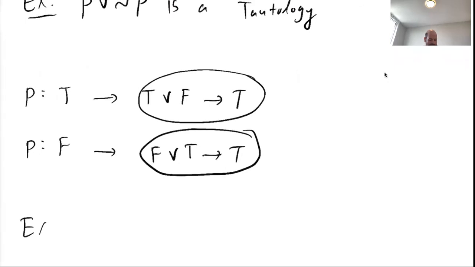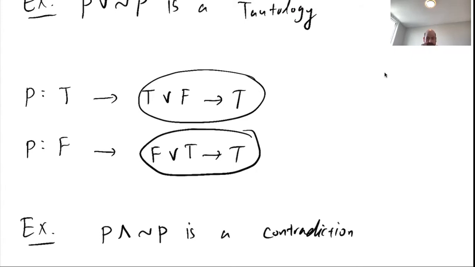And what about an example of a contradiction? Let's say P conjunction negation P is a contradiction. Because again, you can think about it's raining and it's not raining. This has to be always false, right?